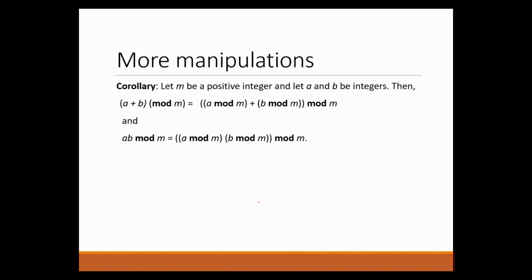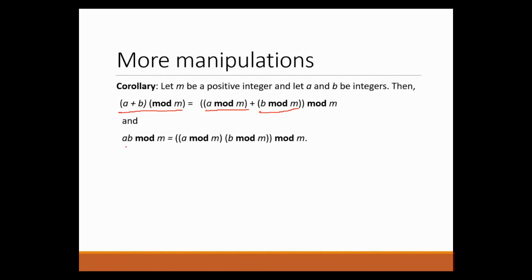Okay. Now we have another corollary, which states that if m is a positive integer and a and b are also integers, then a plus b mod m is equal to a mod m plus b mod m, and this whole thing taken mod m.